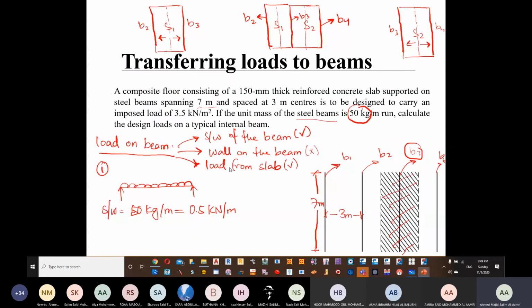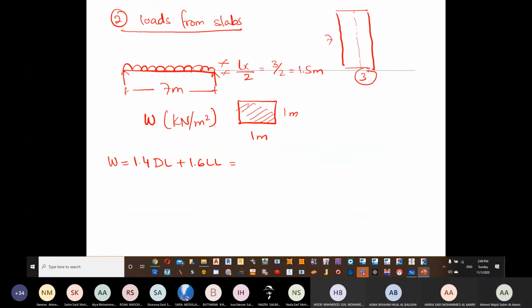Now going for the problem, the live load has been given in the problem as 3.5 kilonewton per meter square. So we are going to have 1.4 times the dead load, which we need to check, plus 1.6 multiplied by 3.5.